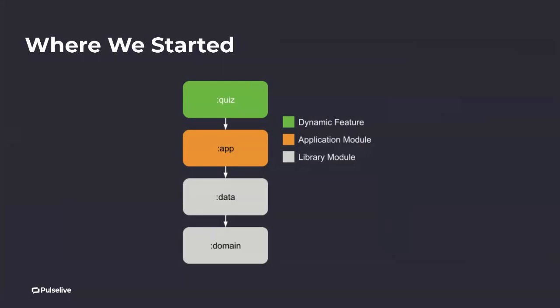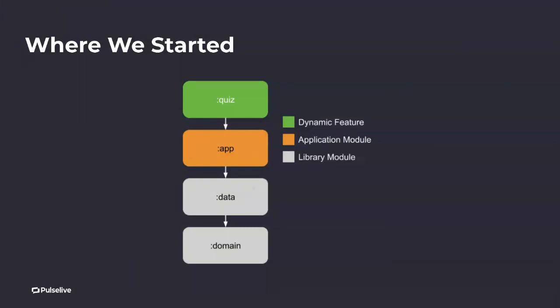It still requires an application to install. So an instant app effectively is just a very, very small application. If we'd brought quiz out to become a dynamic feature, when you install the instant app, it would still install the base application module too. So you'd still have this 56 megabyte app module that's far too big.